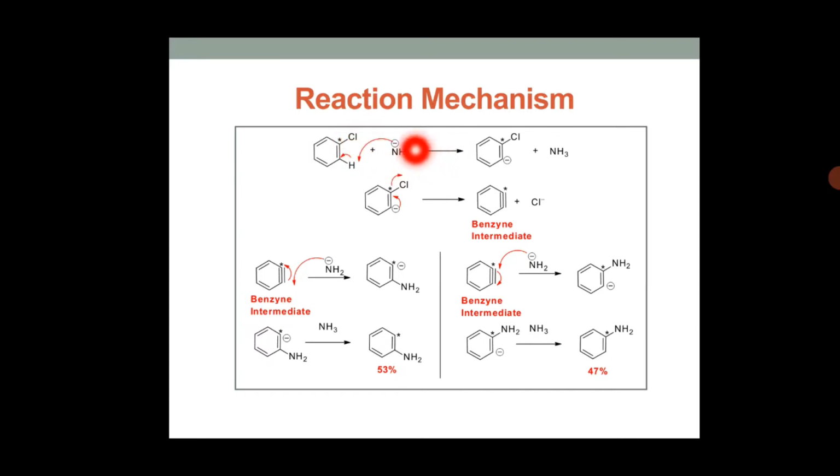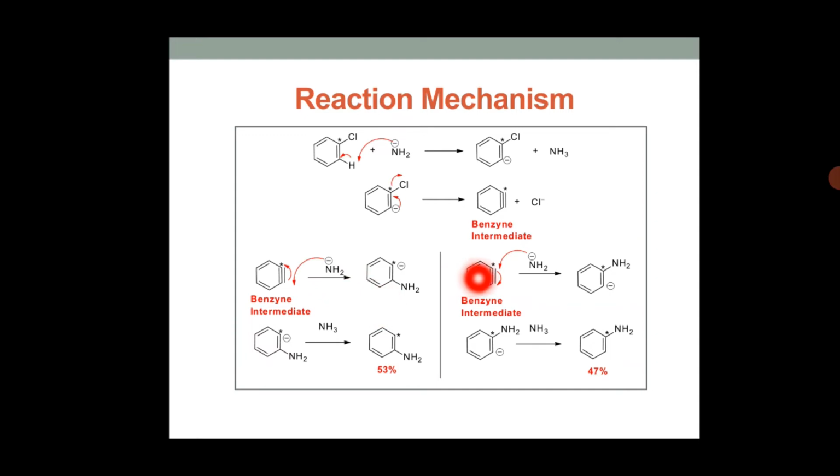Treatment with sodamide gave a benzyne intermediate. And now there is an equal probability of attack by the nucleophile either on this carbon or on this carbon. So when the nucleophile attacks at this position, we get a carbanion like this. And when the nucleophile attacks this position, we get a carbanion like this.